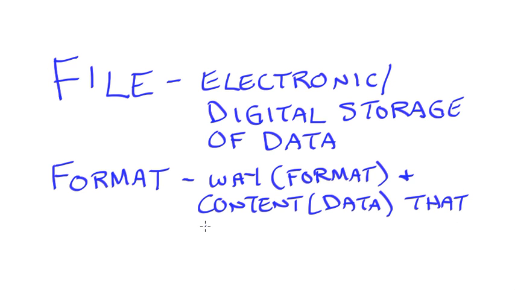So if we are taking a picture with our digital camera, then the data from that picture has to be stored in a certain way. If we are creating a Microsoft Word document, the data related to that document has to be stored in a particular way or format. There has to be some agreed upon way.